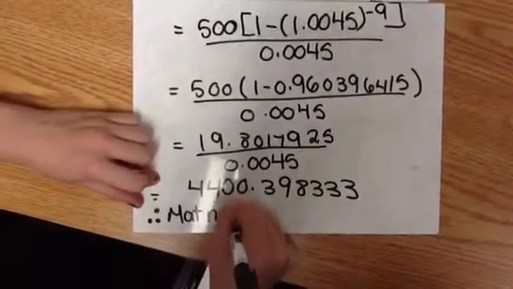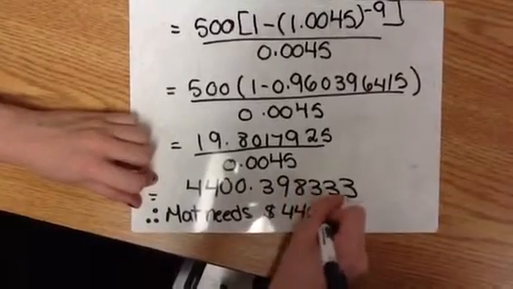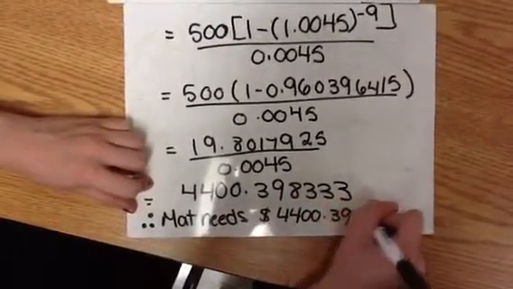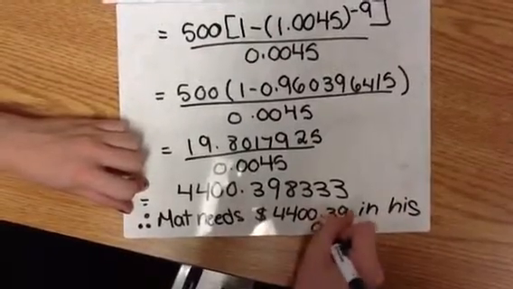Therefore, Matt needs $4,400.39 in his account.